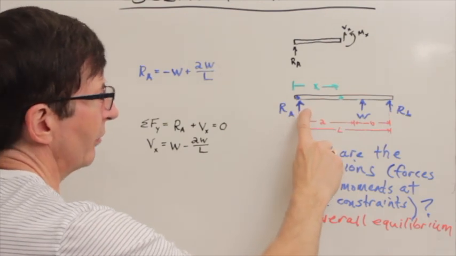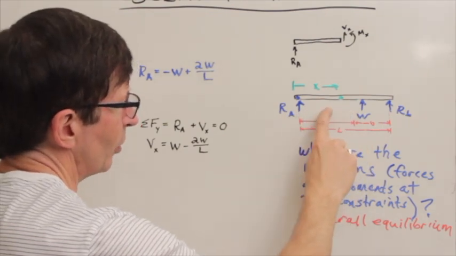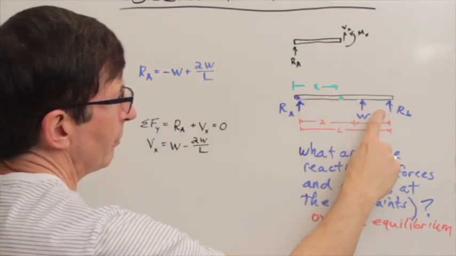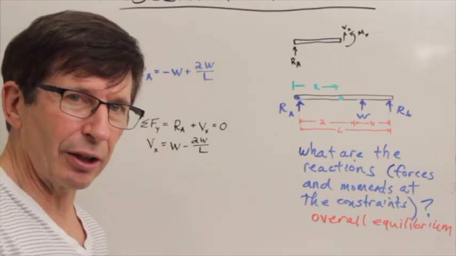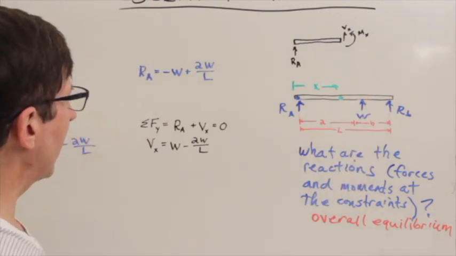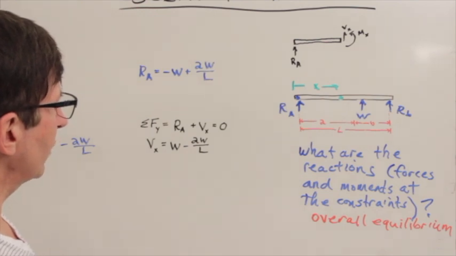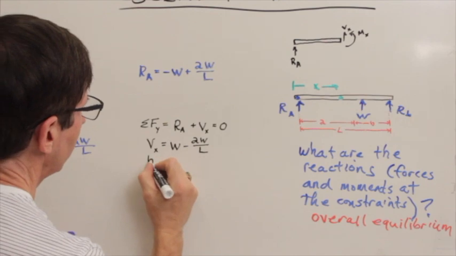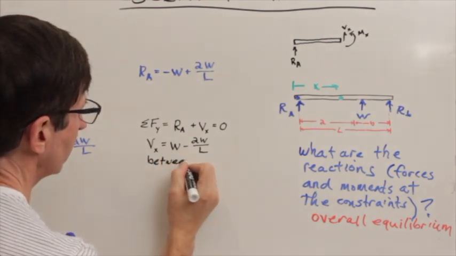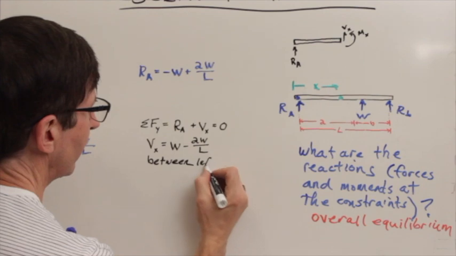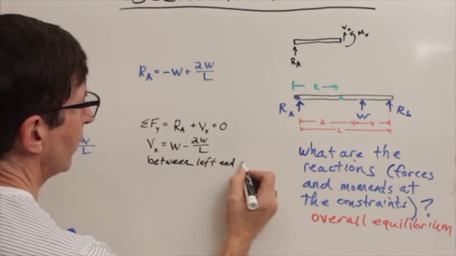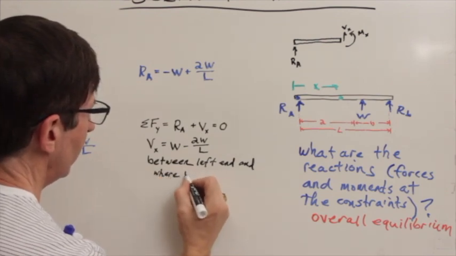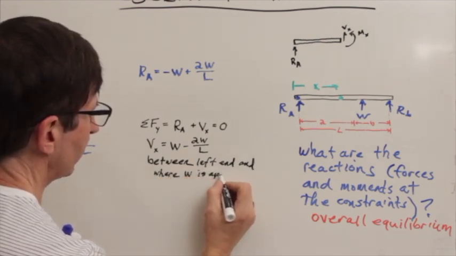Here we've got nothing happening in here, so we just need one arbitrary place x. But when we get to the right of where W is applied, now we're going to need to write a second equation for cutting the beam out here. So this is the equation for Vx that applies between the left end and where W is applied.